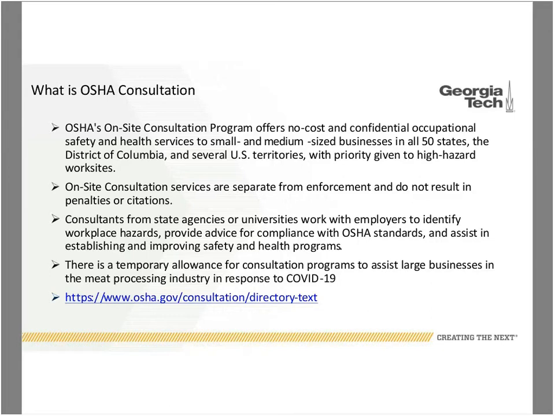But if you look down on the slide, we have been encouraged to at least use some of the allowance that we have to work with larger businesses in working with the poultry and meat processing industry in response to COVID-19. So while we still are focusing on small to medium businesses, we are able to work with you, especially on COVID-19 type issues, if you're larger than those numbers that I just presented. So please consider Georgia Tech in the state of Georgia and all of the consultation programs to be a very valuable resource at this time.